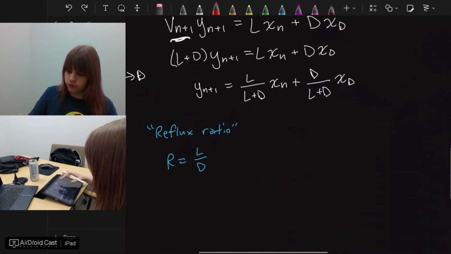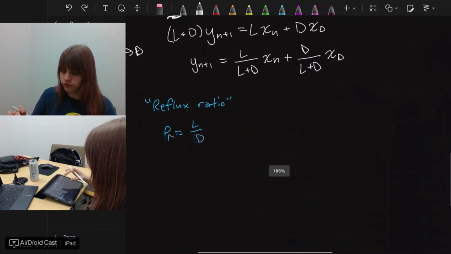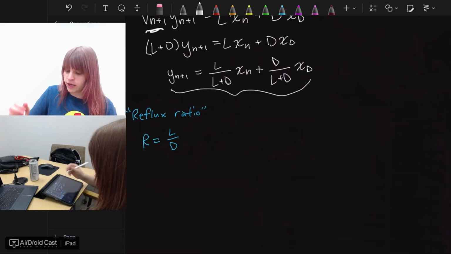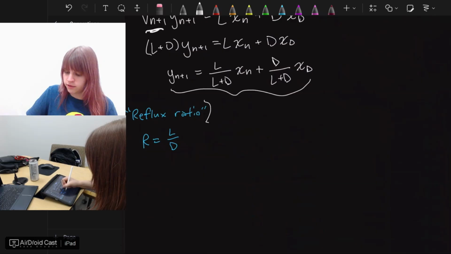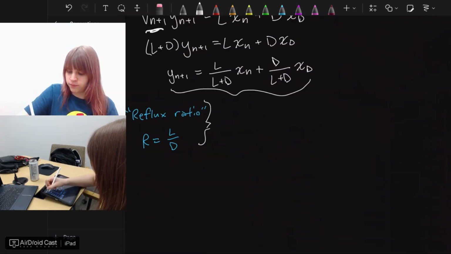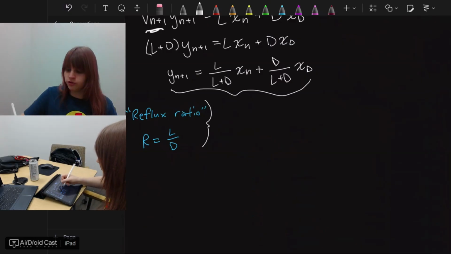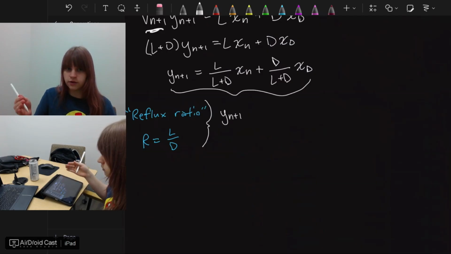And so we can actually simplify this by using the reflux ratio in the equation itself, because the reflux ratio is very commonly understood. It's understood what it means when you see an R in a distillation column problem.